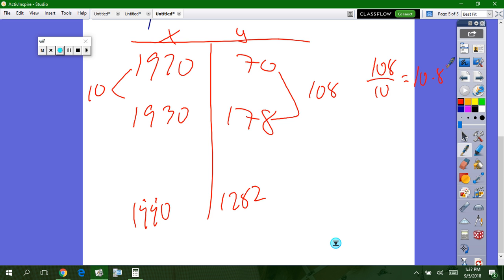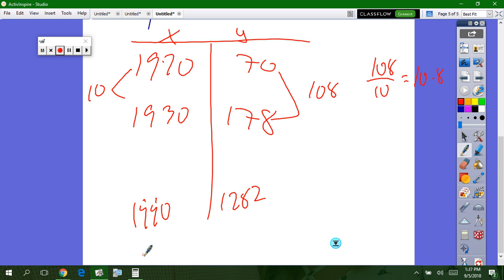Okay, what if they said average rate of change between 1920 and 1990? How would I do that? I'd say, oh, how much is it from here to here, right? And I'd say, oh, that is 1,212. So 1,212 divided by how much? 70.